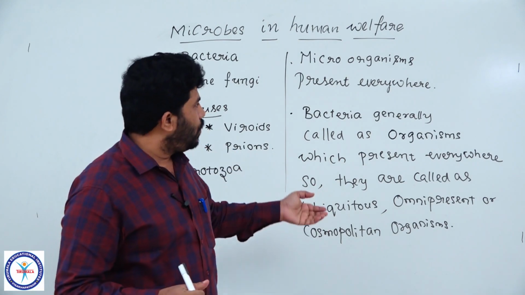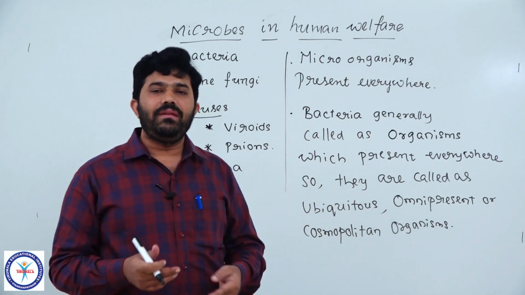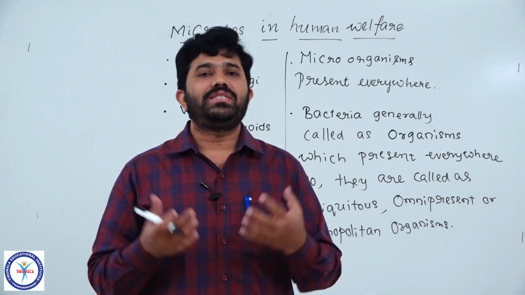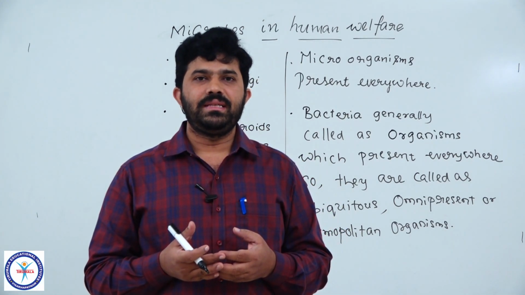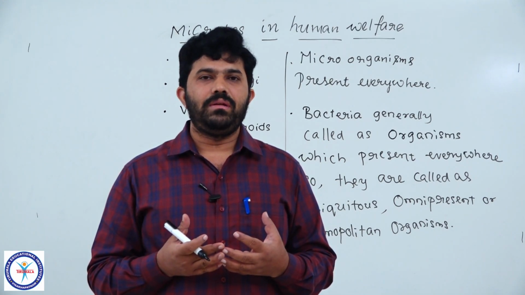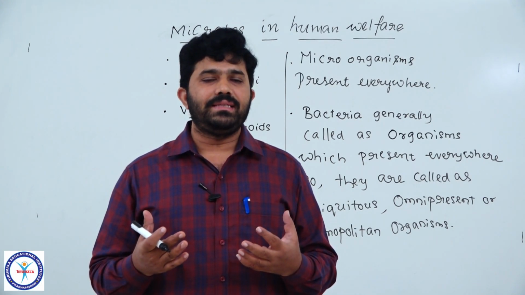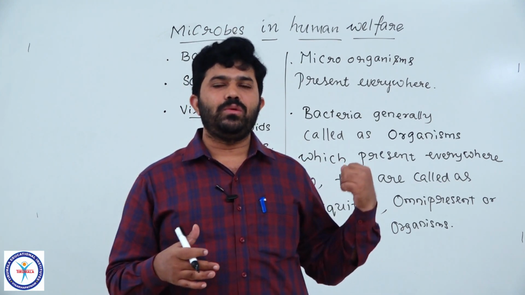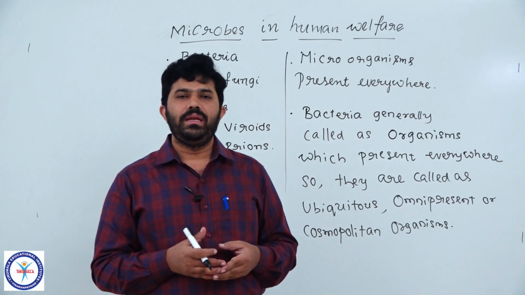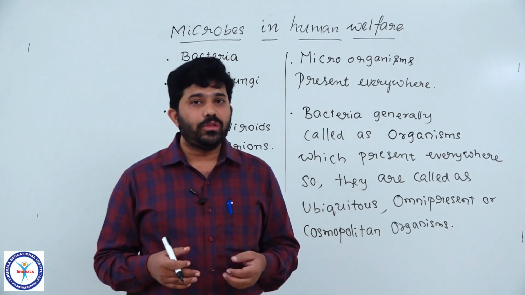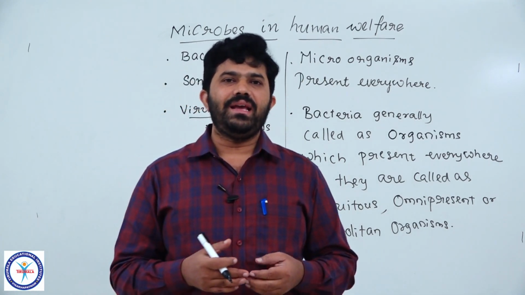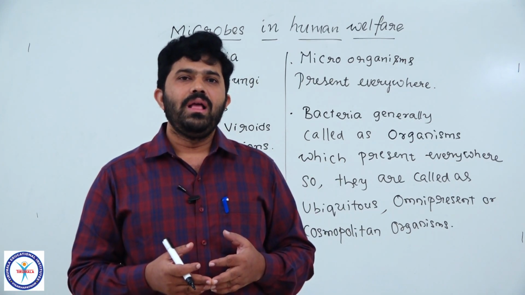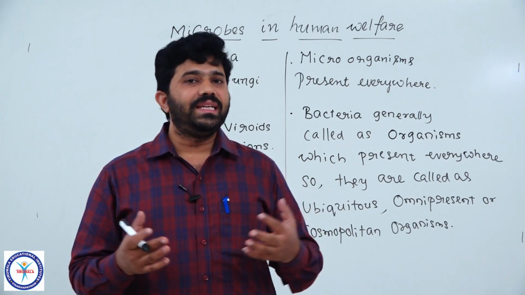For example, some bacteria live under extreme conditions like hot springs, at very hot temperatures, with the maximum above 100 degrees Celsius. In those conditions also, these bacteria can lead their life normally. Those are called thermophiles. Some bacteria can lead their life normally in more acidic conditions.